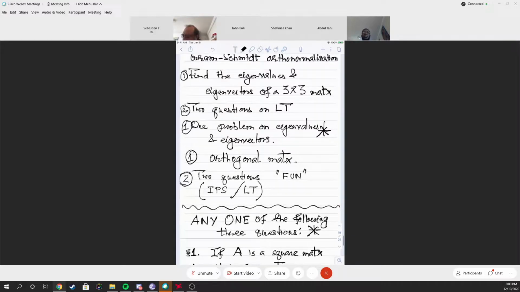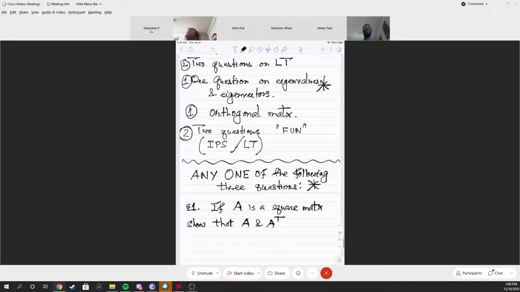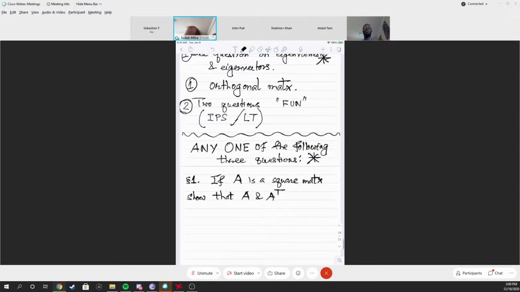I told you, one question on eigenvalues, eigenvectors. One question I should write. So what kind of a question? That's what I'm answering. Any one of the following 3 questions: that A and A transpose have the same eigenvalues. You must remember that this is same eigenvalues. I told you that I'm going to put this on the quiz or something like that. Same eigenvalues. Okay.